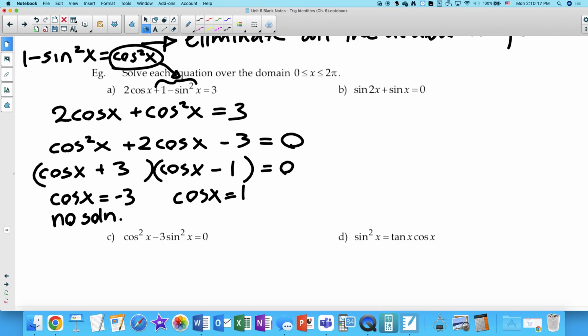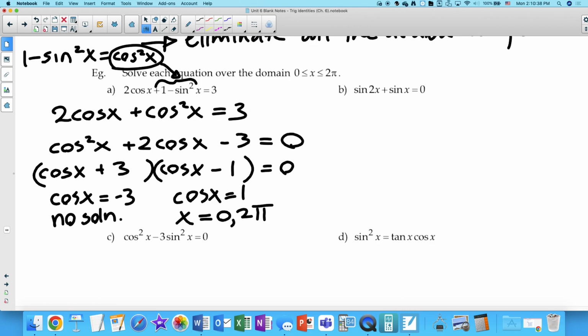So if our domain is 0 to 2 pi, where in that domain is the cosine of x equal to 1? 0 and 2 pi. Yeah. Exactly. Okay? All right. So far, so good.